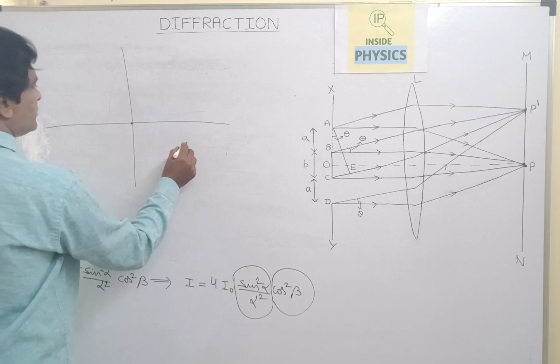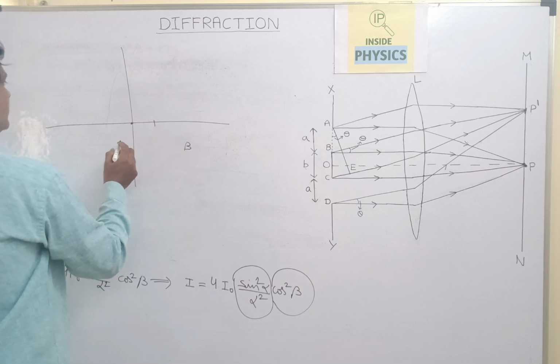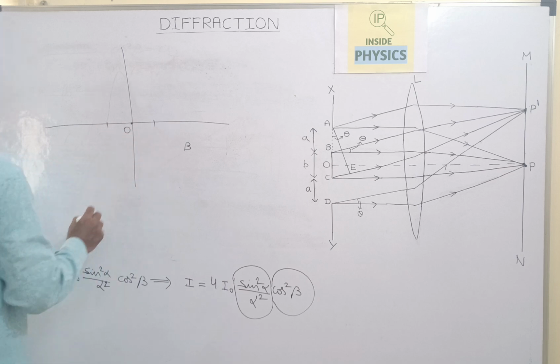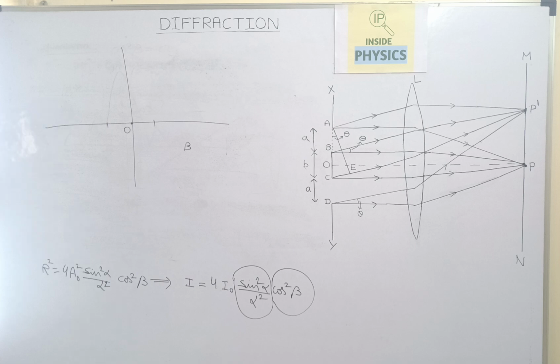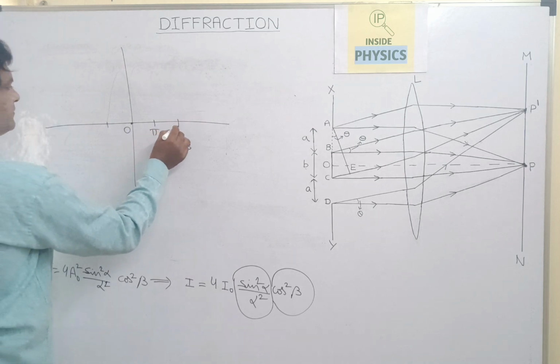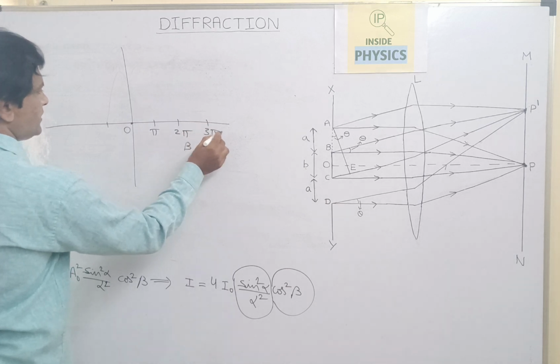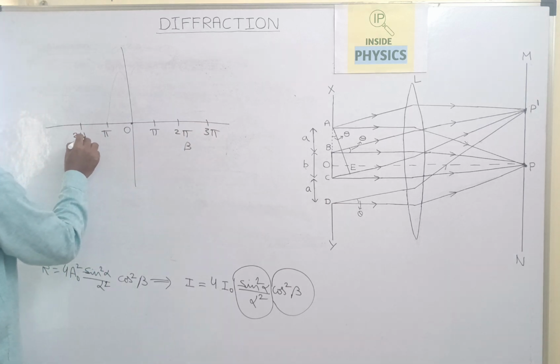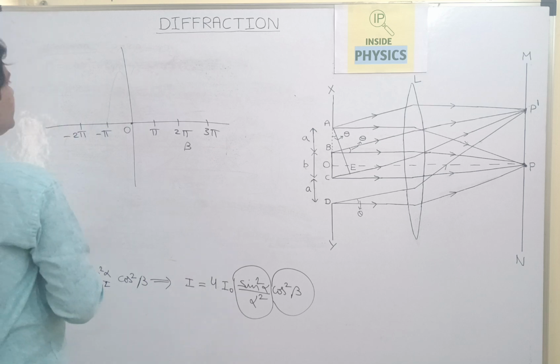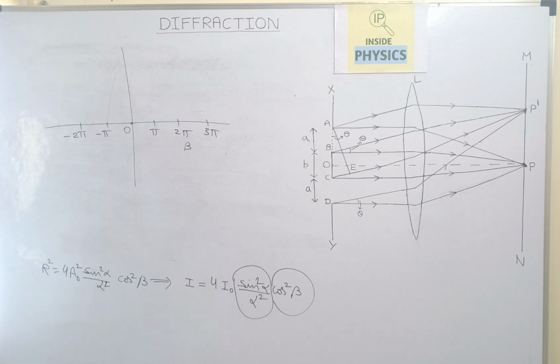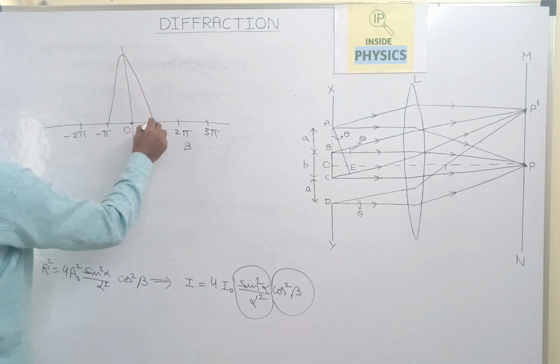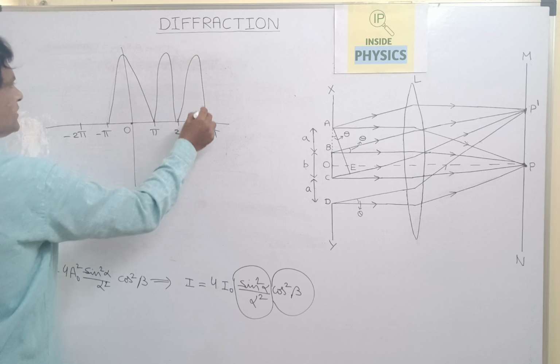Here the beta values are taken on the y-axis, and on both sides we must consider the same values as for alpha: 2 pi, 3 pi and pi, with minus on the negative side. If you observe the patterns, the intensity of the patterns will be the same for all the diffracting angles. So this is the intensity pattern.